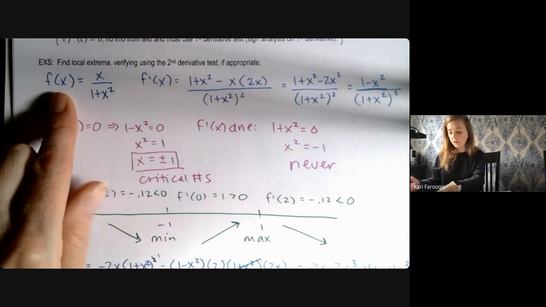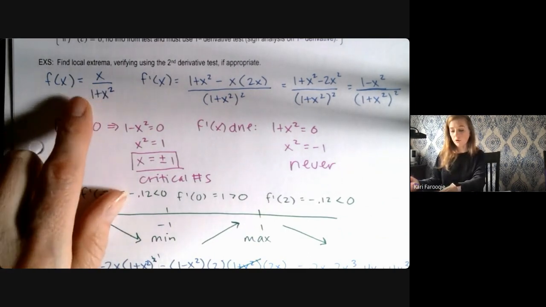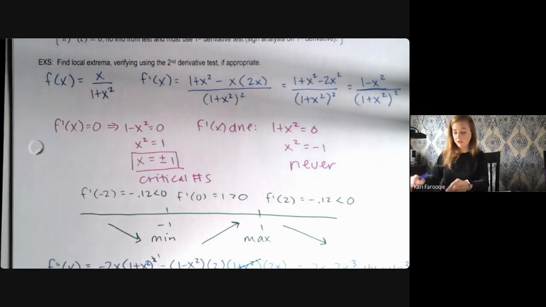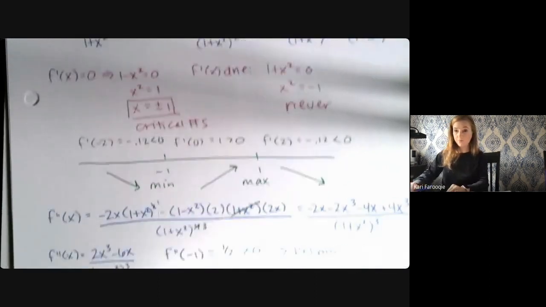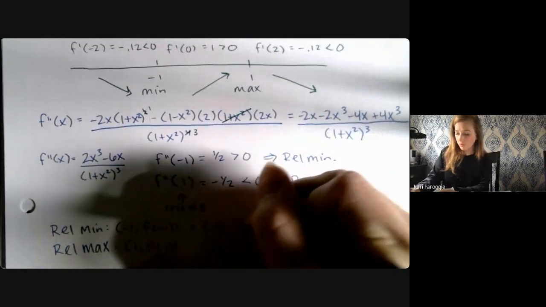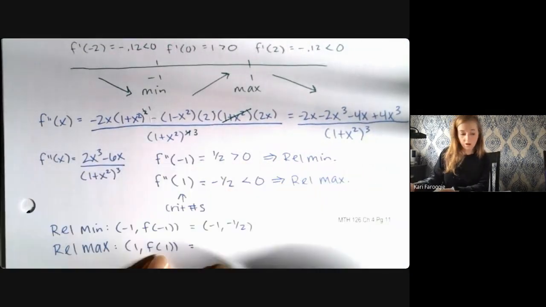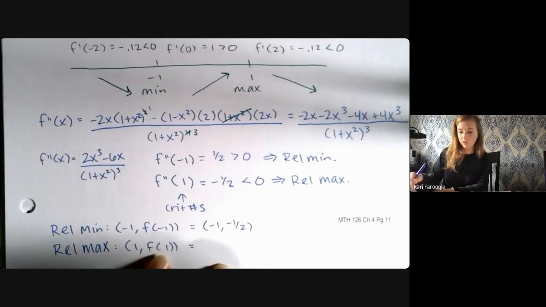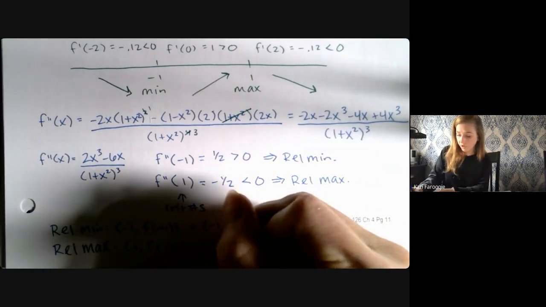But f of -1 would just be -1 over 1 plus 1. So it would be -1 over 2. And then f of 1 is just going to be 1 over 2. So it's a half.